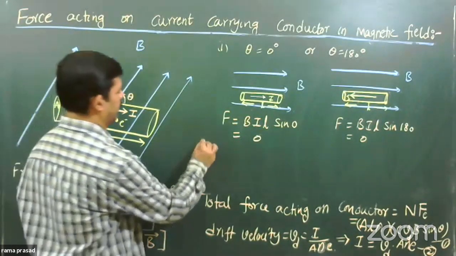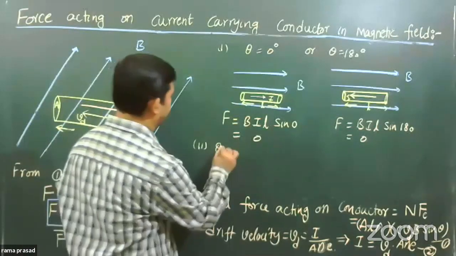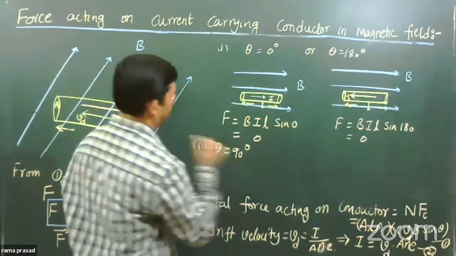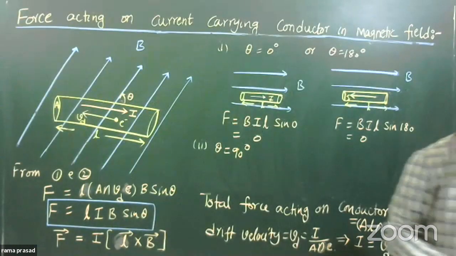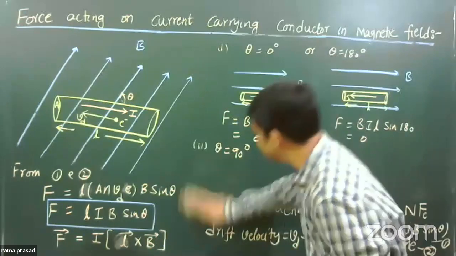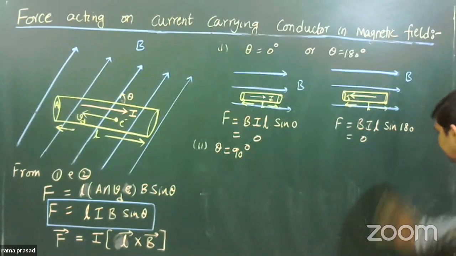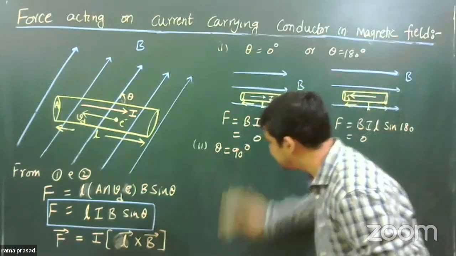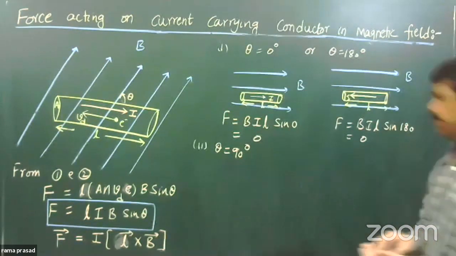Second, if theta is 90, it means the conductor is placed perpendicular to the field. Then what happens?